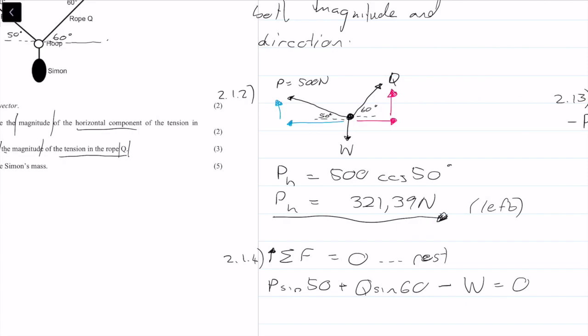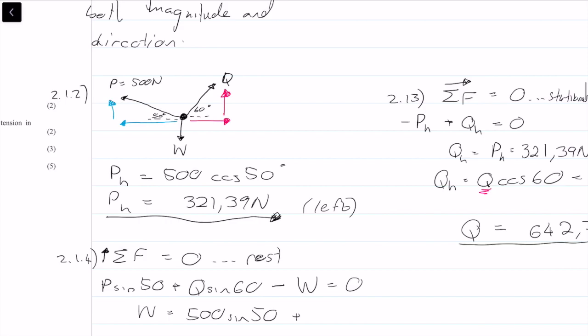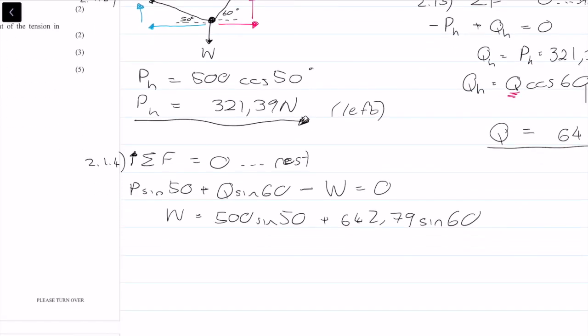So weight equals P, which is 500 sine of 50, plus Q, which we calculated as 642.79 sine of 60. If we put that into a calculator, we get a weight of 939.69 newtons.